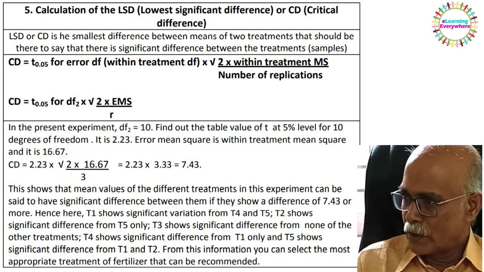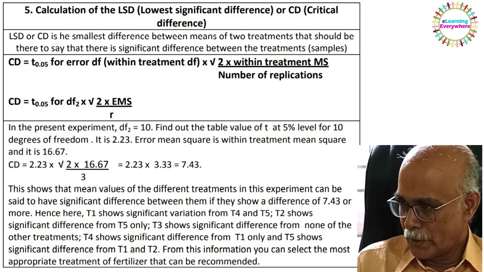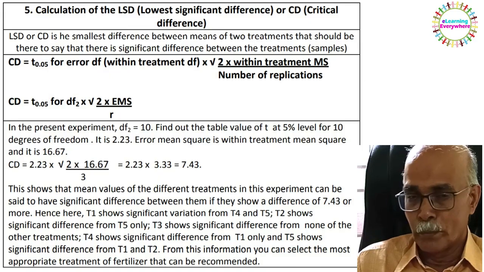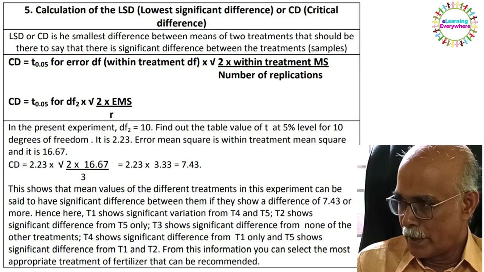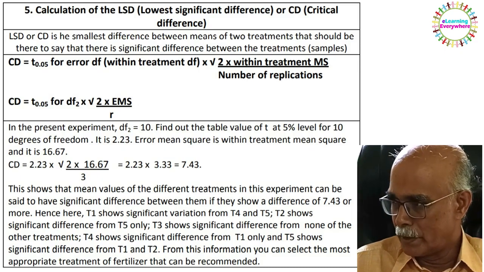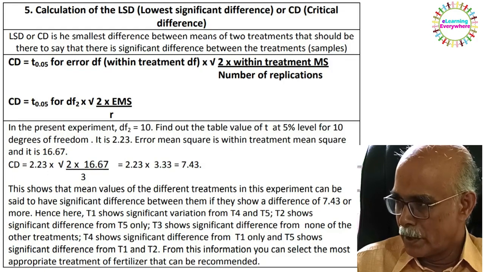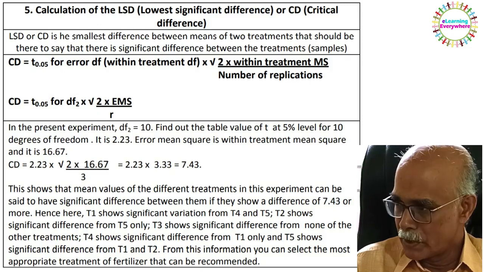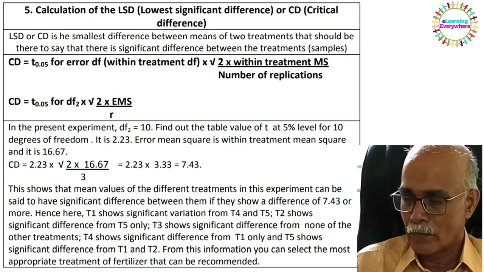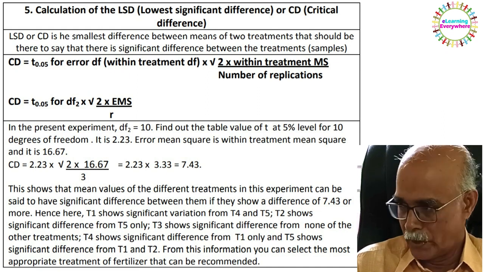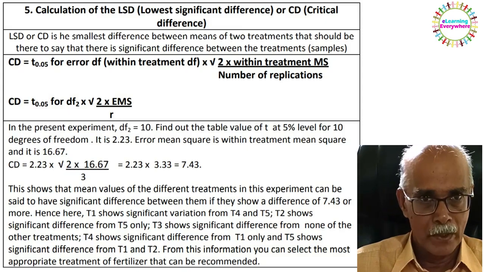You are substituting the values in the formula. The t value, t 0.05 for error degree of freedom, is 2.23, and you are multiplying it with the square root of 2 into 16.67 divided by 3. 16.67 stands for the within treatment variance, and 3 is the number of replications. So you get 7.43 as the critical value.